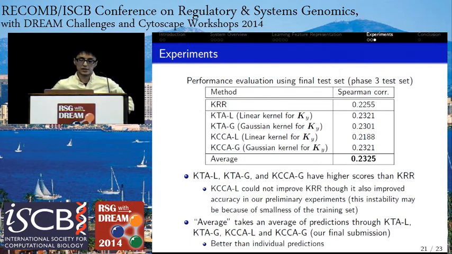Actually, kernel CCA with linear kernel also improved the accuracy in our preliminary experiment, but in this case, it couldn't. This might be because of perturbation due to the smallness of the samples. So we took the average to avoid such perturbation, and in fact, we can see the average output is better than all the other individual predictions.